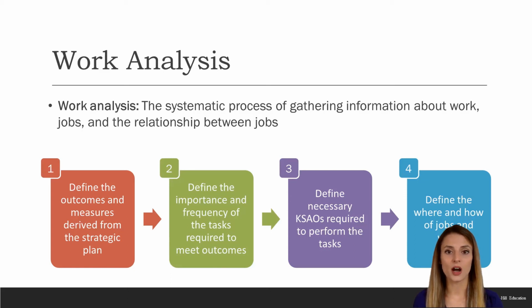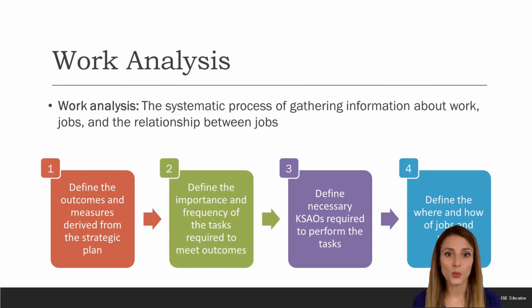These outcomes are often based on the organization's big picture. Think back to the scorecards we talked about in the week 1 lecture. Those scorecards provide the information that we use to define outcomes. In step 2, we define the importance and the frequency of various job tasks that are required to meet the outcomes that are then tied to the big picture.